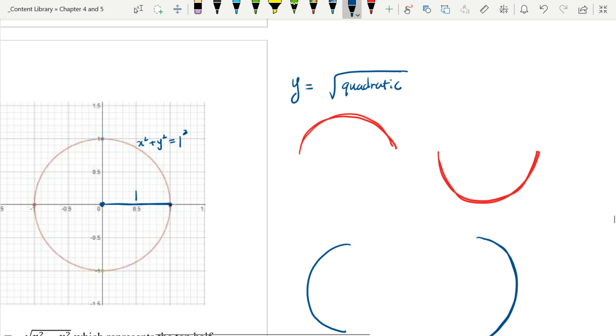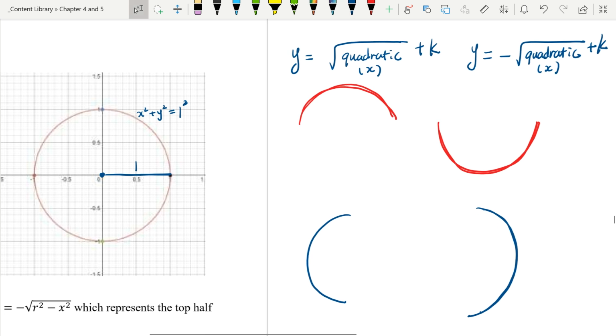Okay, so it's x squared in it. And for the bottom half it's y equals to minus square root of a quadratic. And you plus some k value here, just some value at the back. So the key thing is the square root of a quadratic in terms of x. And same as this one, it's a quadratic in terms of x.